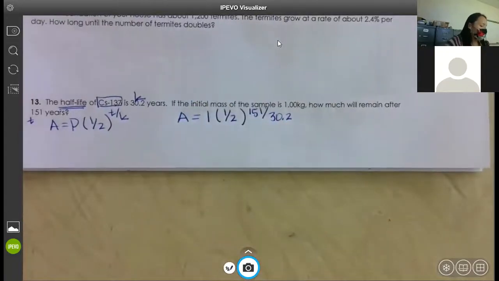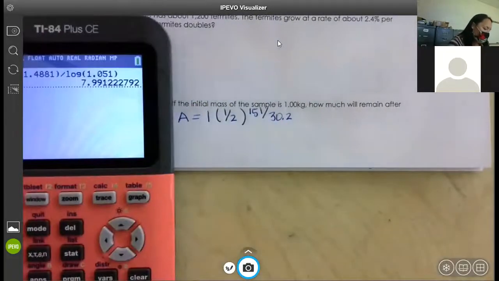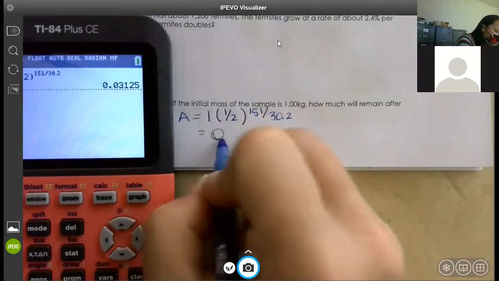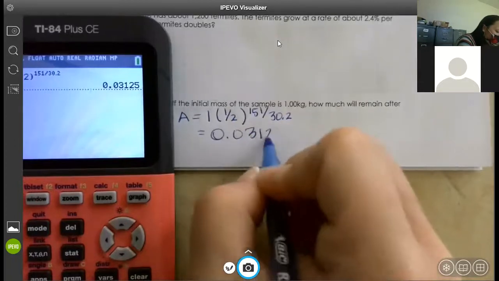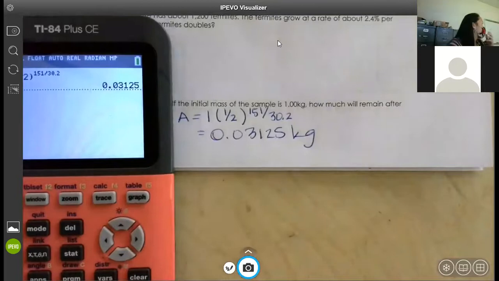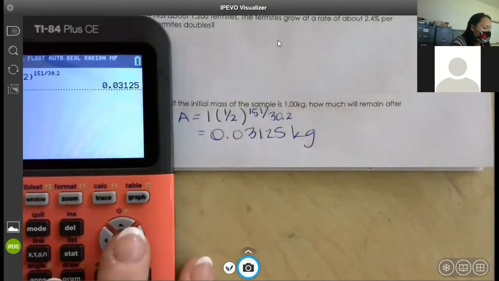You literally just put this in your calculator. So 1 times 1/2 to the 151 over 30.2. And it leaves you with 0.03125 kilograms. So it is the same exact way, okay? Same exact way.